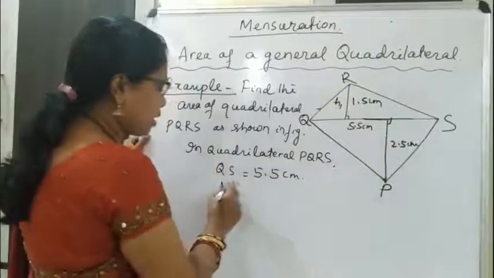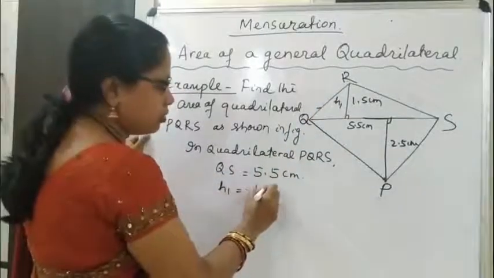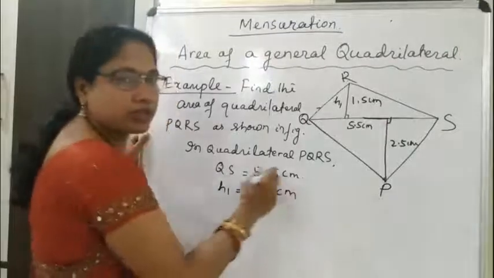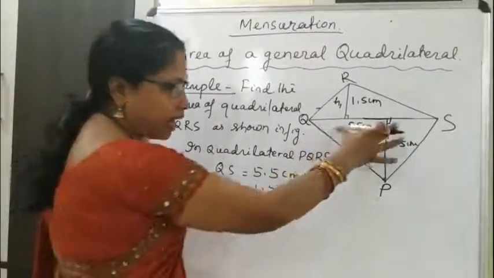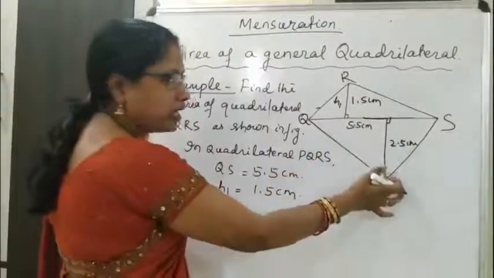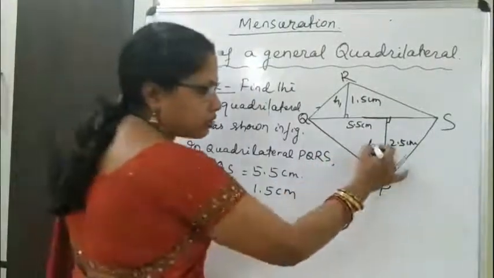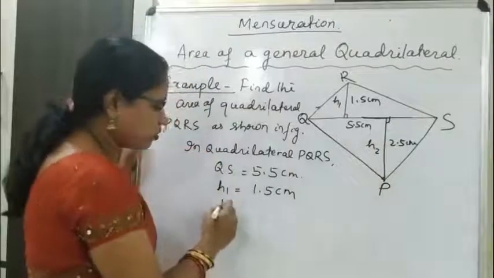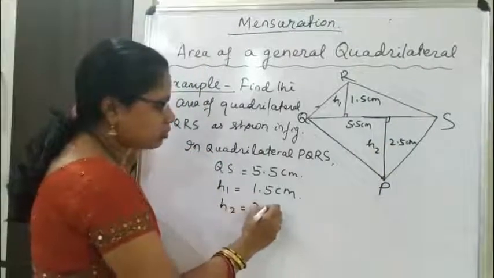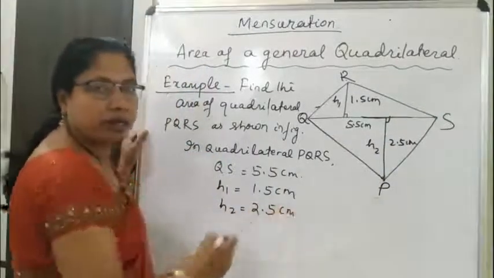So H1 is equal to 1.5 centimeter, and the height from vertex P to QS is 2.5 centimeter. Let this be H2. So H2 is equal to 2.5 centimeter.